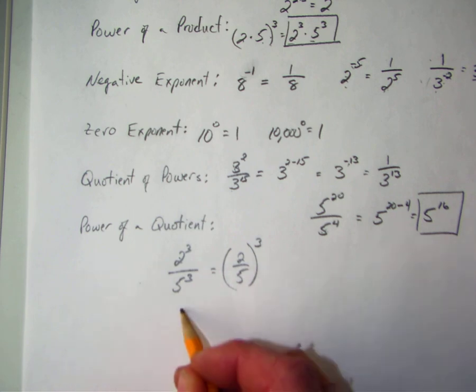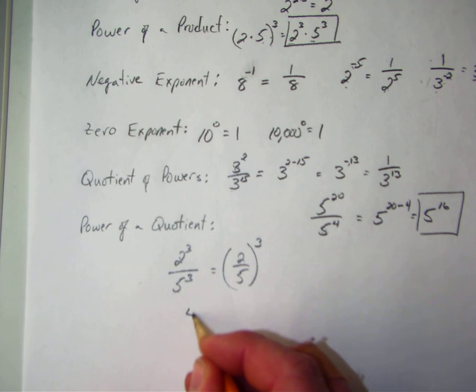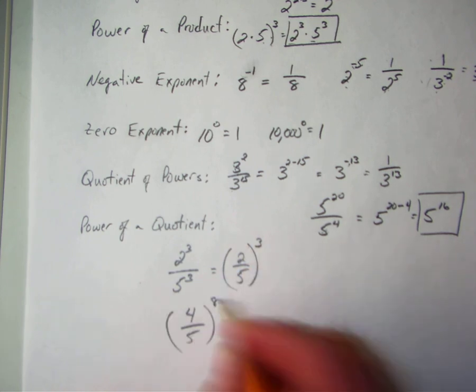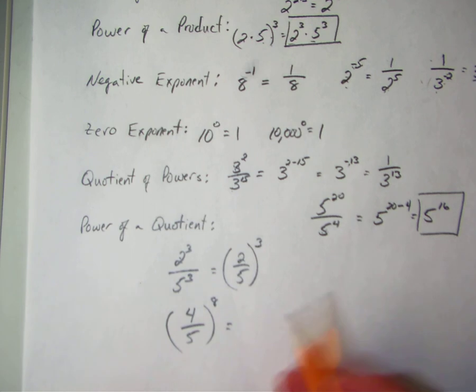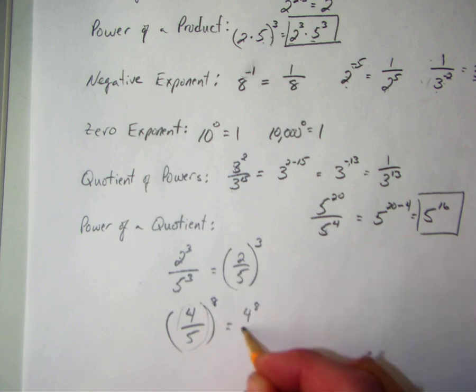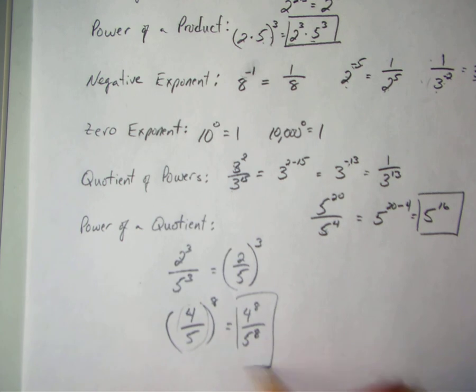All right, let's look at one more example. Let's do 4 fifths to the 8th. All right, so again, there's all division inside, so therefore I can distribute the exponent. So it'll be 4 to the 8th over 5 to the 8th. And then you just leave your answer like that.